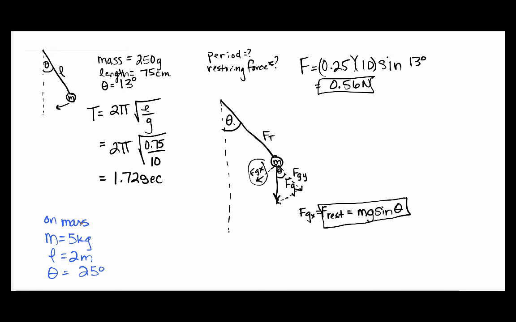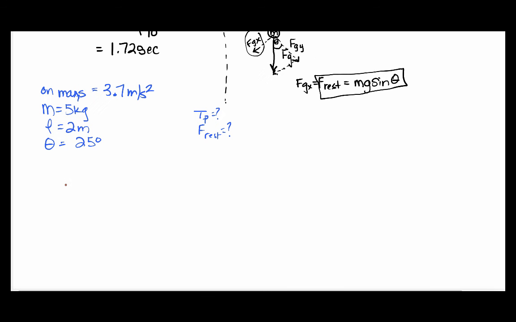Now, so that you don't have to look it up, gravity on Mars is 3.7 meters per second squared. So see if you can figure out the period of the pendulum and the restoring force. Okay, go ahead and pause the video, and then when you think you have the answers, you can unpause it and you can check yourself.